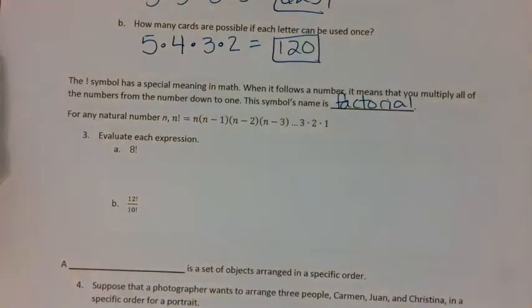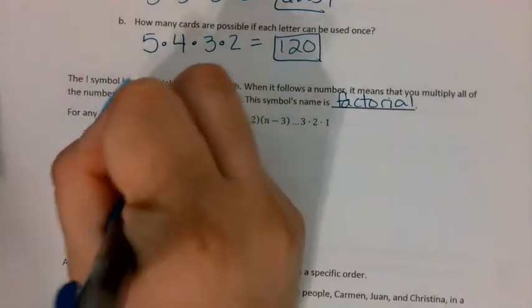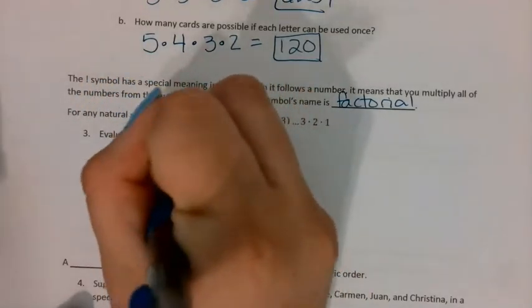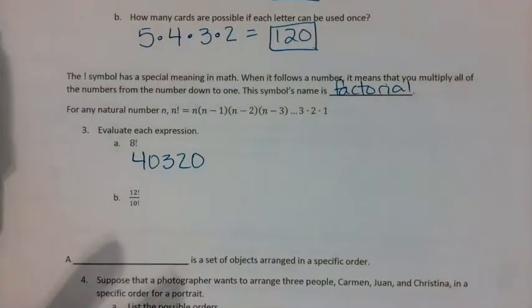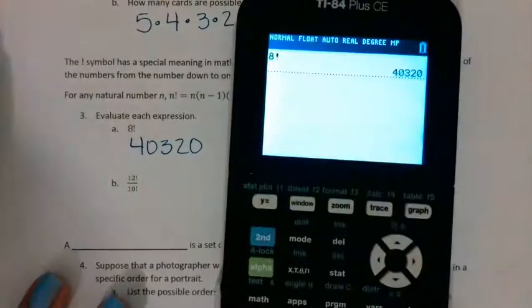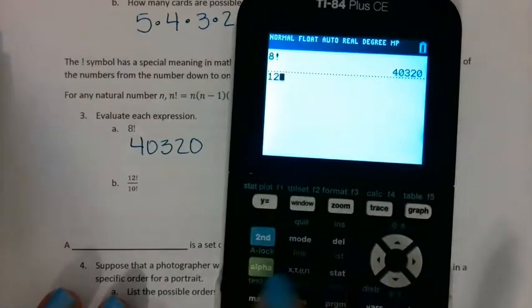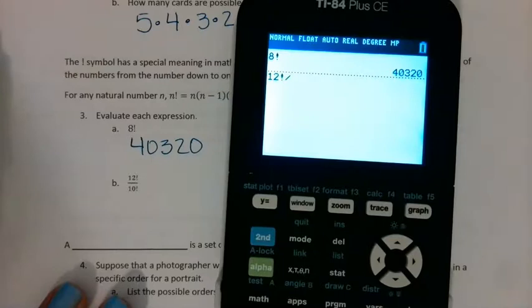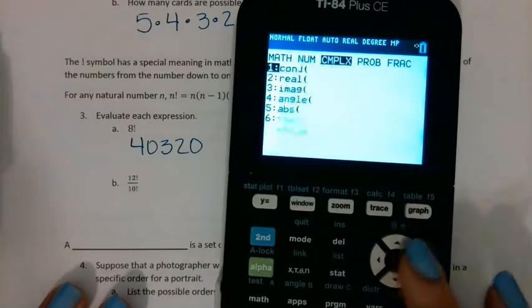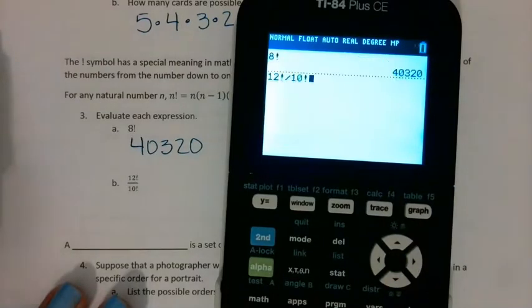I will send out instructions later on if you don't have a TI-83, 84 in the family right there. I'll send it out for if you have the scientific calculators. Okay. And B works the same way, so I want to do 12, and then I go math, arrow over to probability, choice 4, and then divided by 10, math, arrow over to probability, choice 4, which gives me 132.